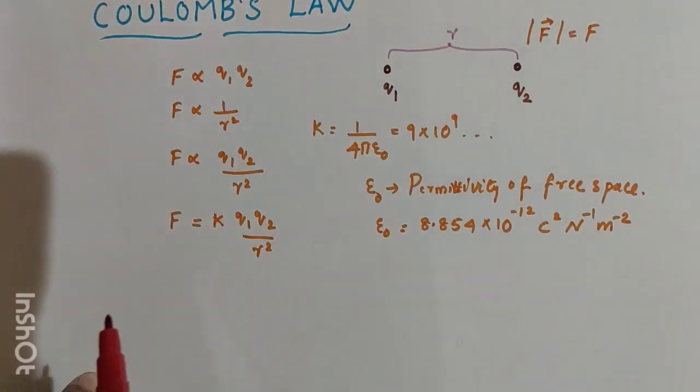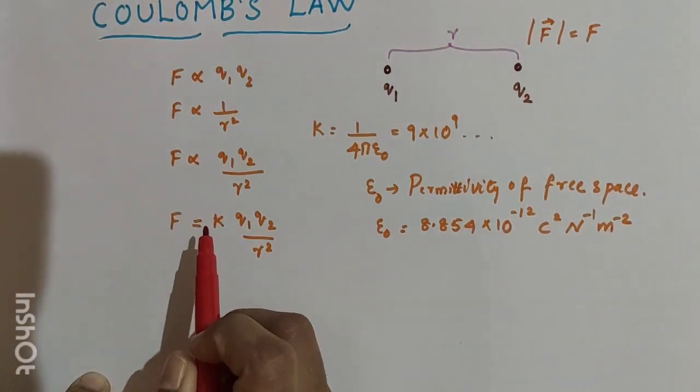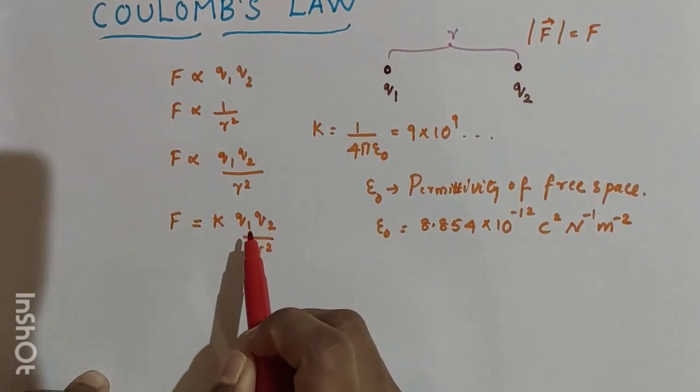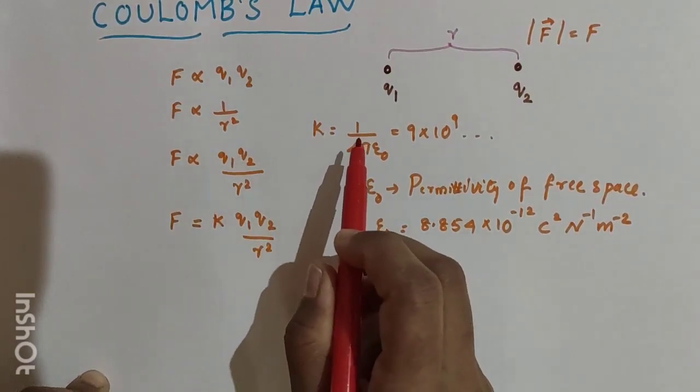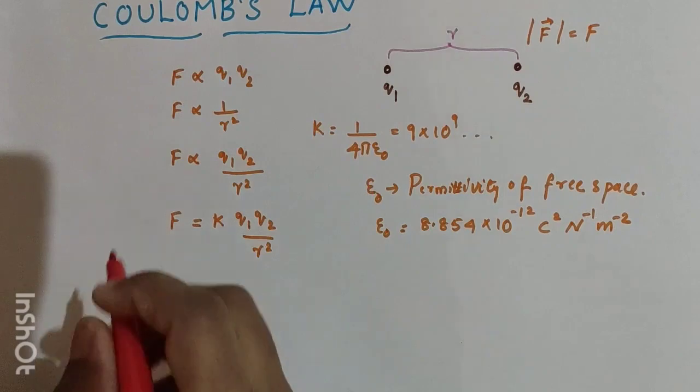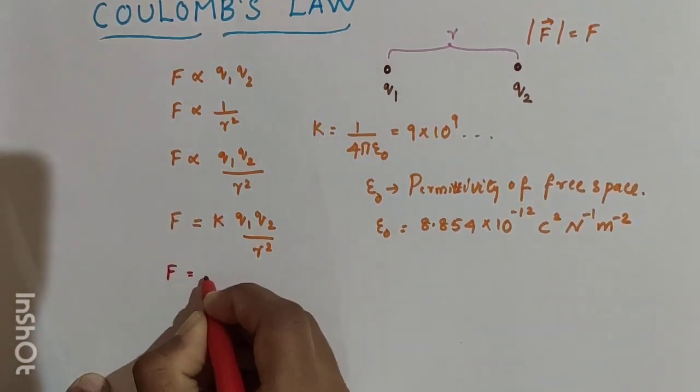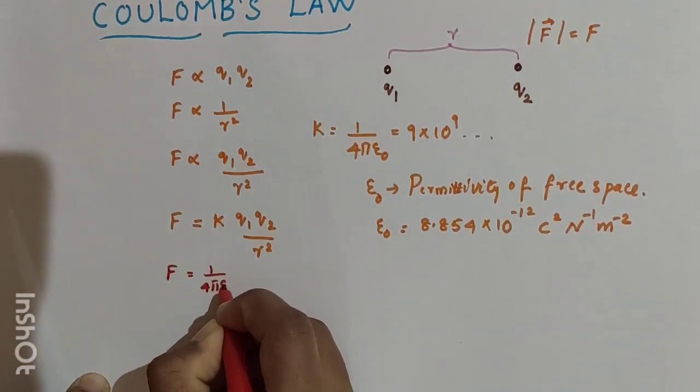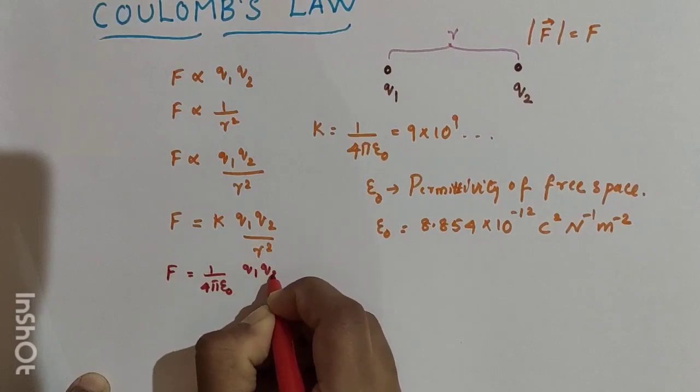So you see, we have this expression F is equal to K into Q1 Q2 divided by r square, where K is equal to 1 by 4 pi epsilon 0. So you can write this expression as F is equal to 1 by 4 pi epsilon 0 Q1 Q2 divided by r square.